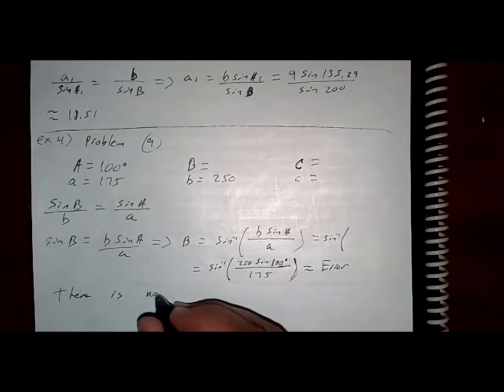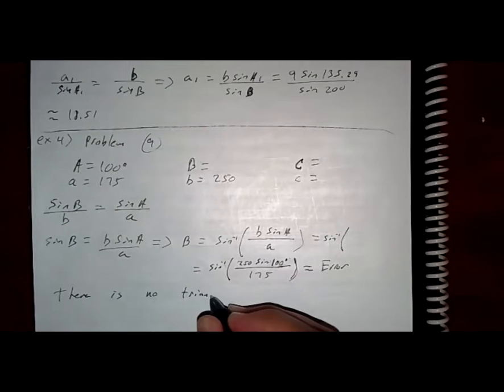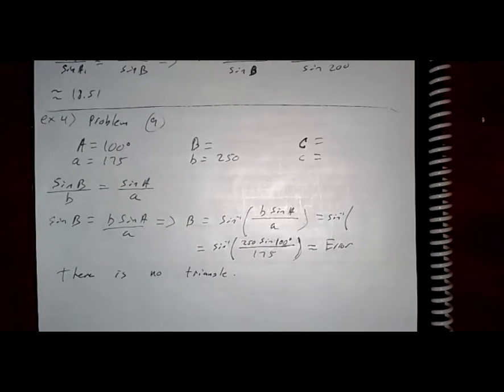There is no triangle. Awesome. Yay. Is that what you got? Yep. So you would just stop when the error shows up there. Yeah. Yay.